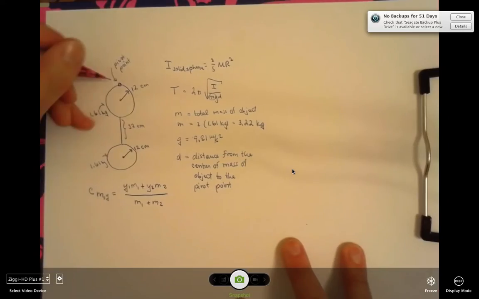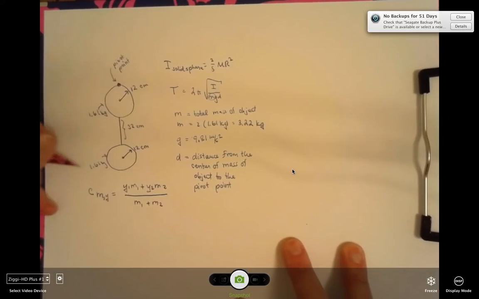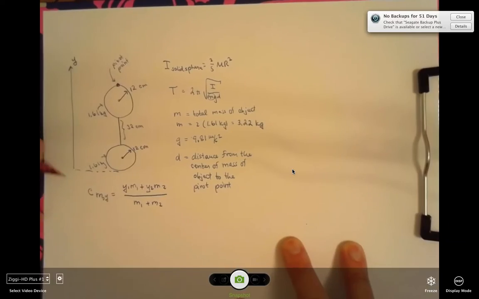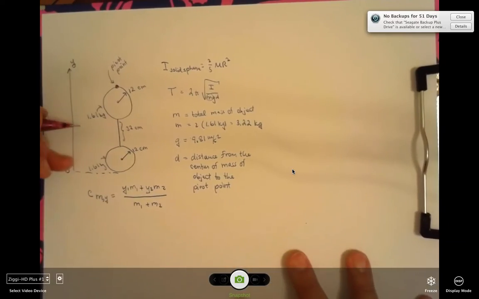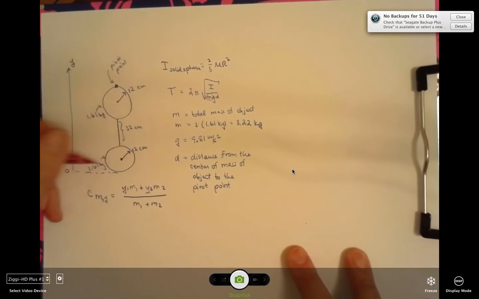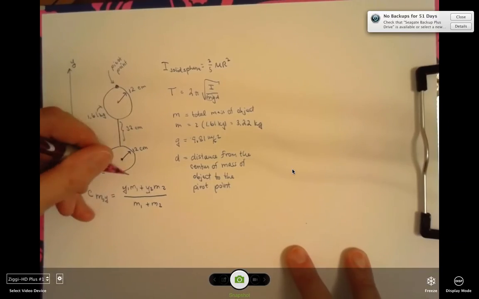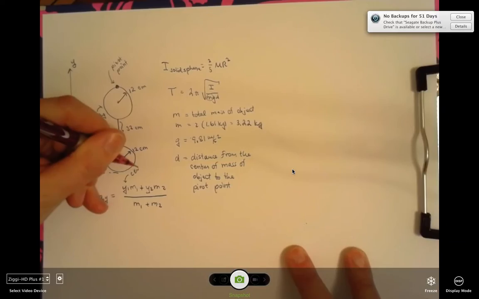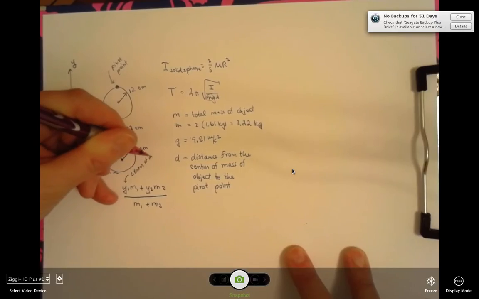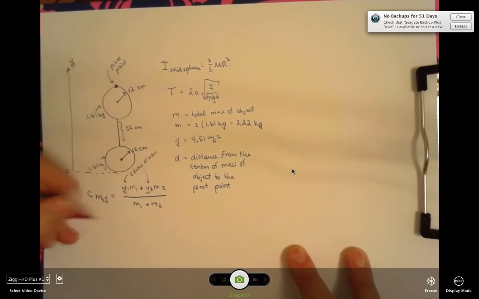If we did it this way, let's call this y equals 0, and we use the y-coordinate of the center of mass of each object.